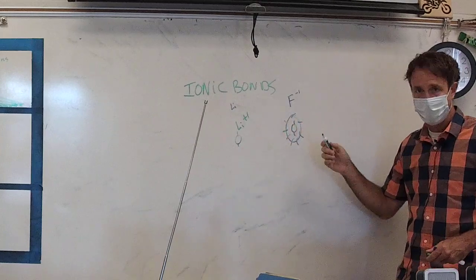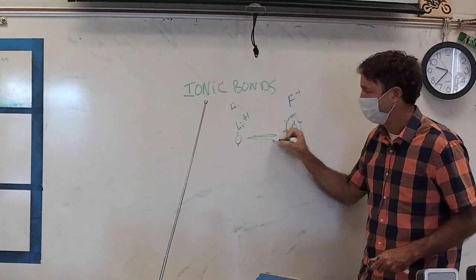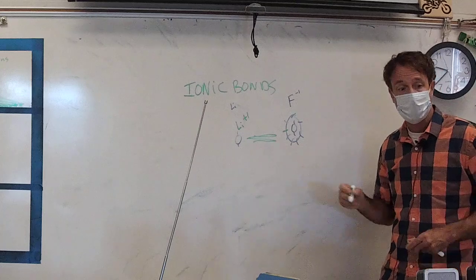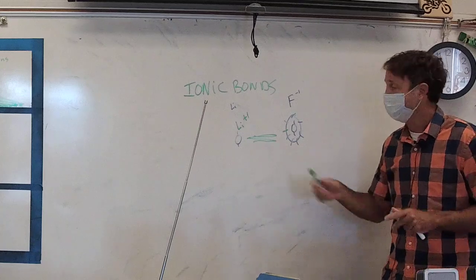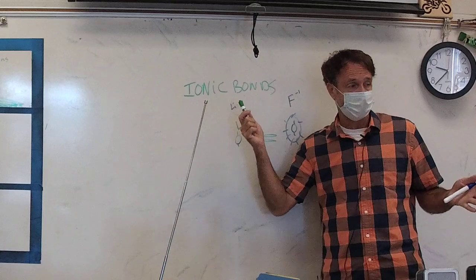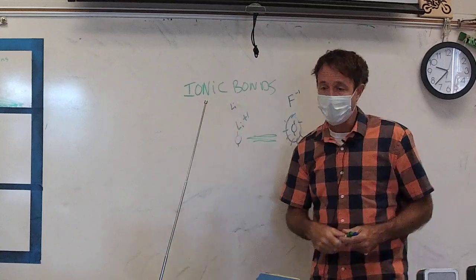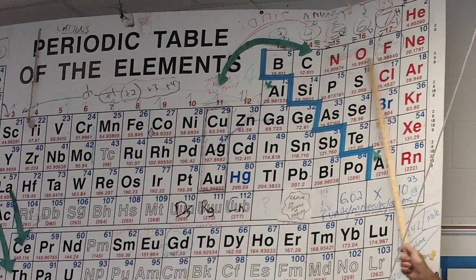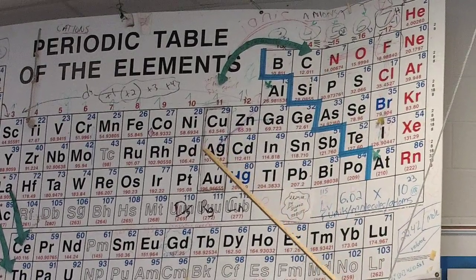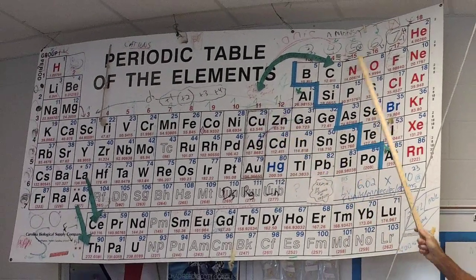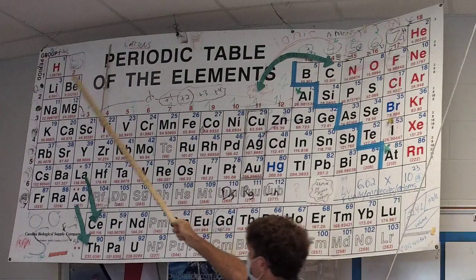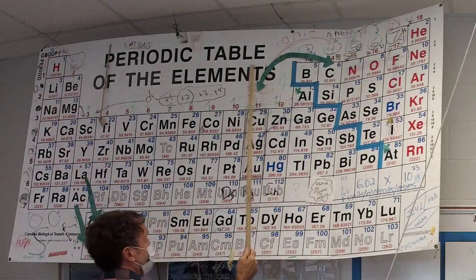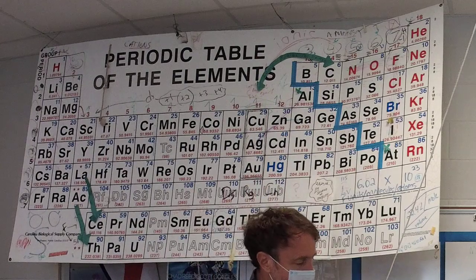This is an anion. And we have an ionic bond between these two. That's what an ionic bond is when the atoms are ionized. Does that make sense? This happens anytime atoms that cross the stairs bond with each other. And if you notice, I used fluorine and lithium, and they cross the stairs. Does that make sense?